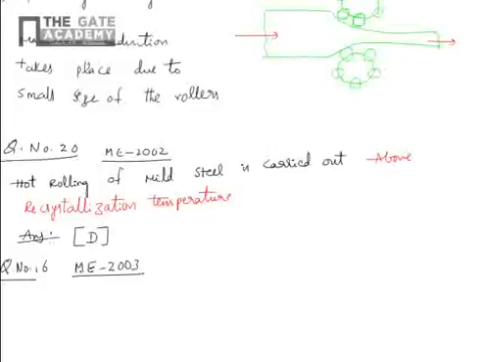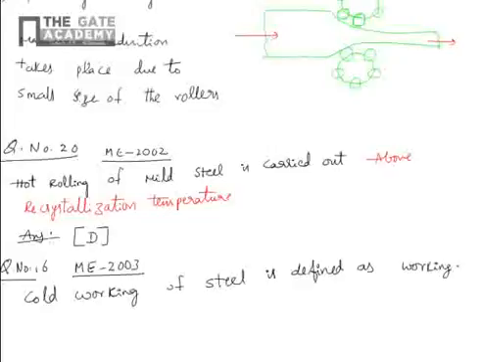So the option that satisfies is C. Cold working of steel is defined as working below recrystallization temperature.